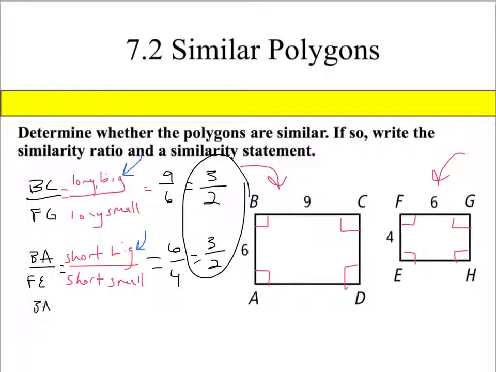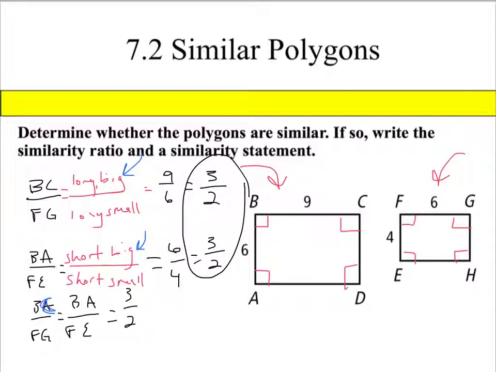So I'm just going to write BC over FG, not BA, and then BA over FE is the second one, and that's going to be equal to 3 over 2. That's my similarity ratio. It tells me that these two are going to be equal to each other, and that 3 over 2 is my ratio there.